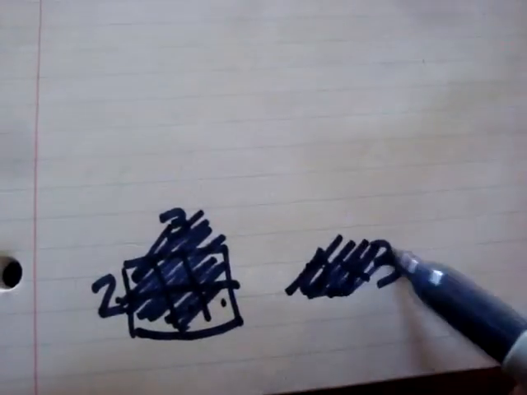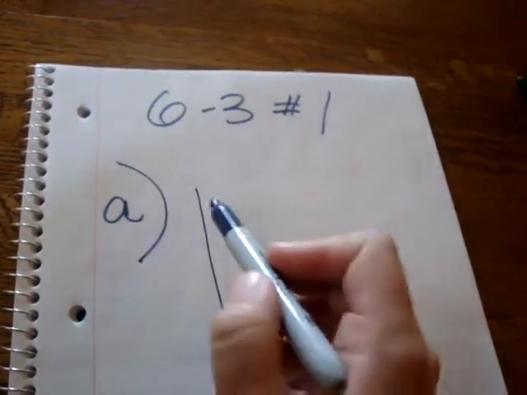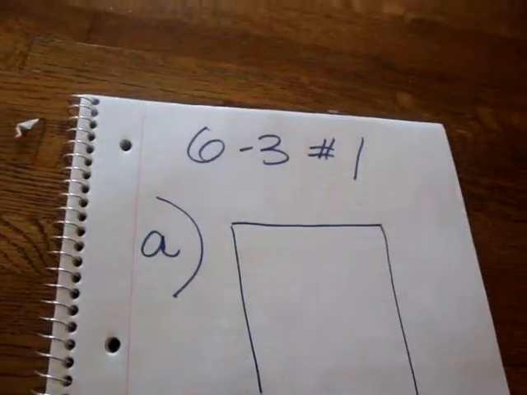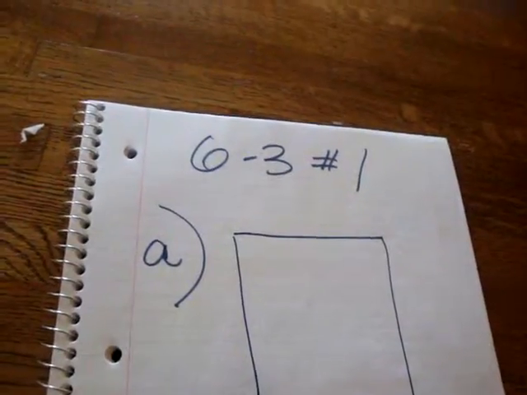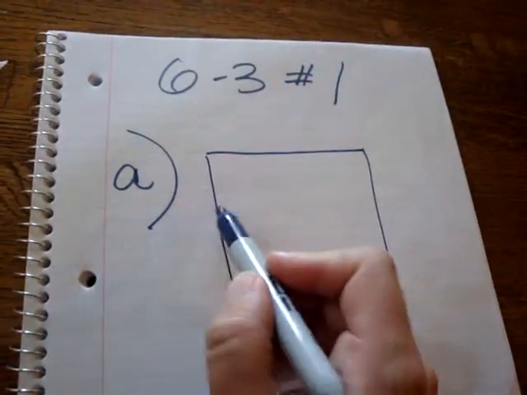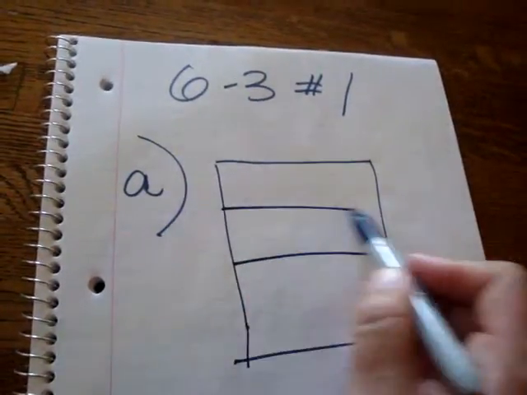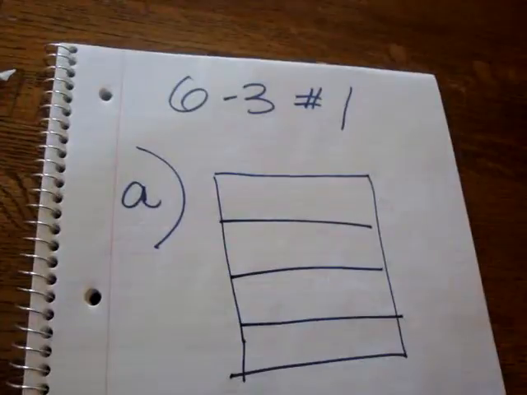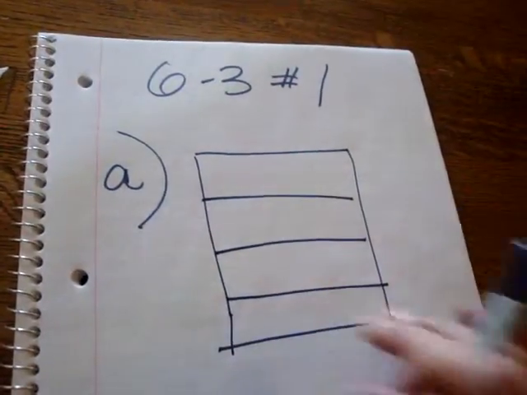We're actually working with fractions here, so instead we're going to be looking at parts from a whole. So for A, if we look at the rectangle, it looks kind of like this. And if we look at the rows first, there are 4 rows.